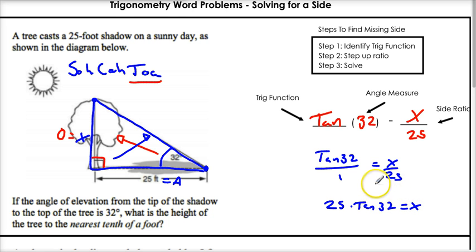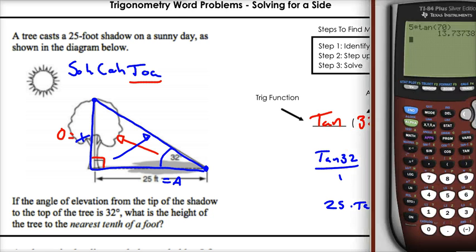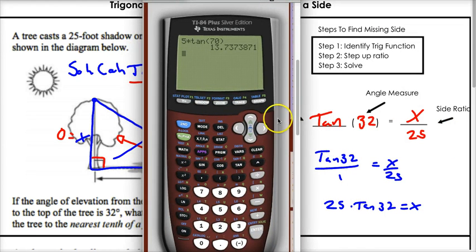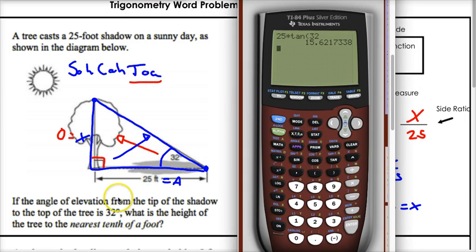All right, let's take out our trusty calculator now. And we get 25 times tan 32. Enter. And we get 15, and we'll get this decimal. And so let's go look at our question again. We want to find the height of the tree to the nearest tenth of a foot. So the tenth is one decimal place. So we're going to do 15.6.